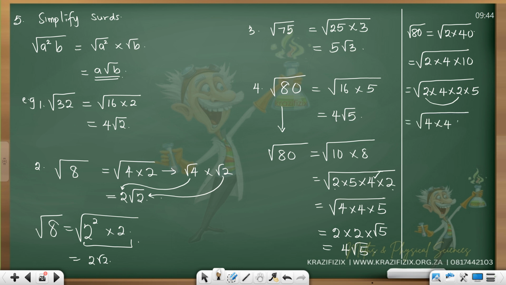I'm looking for perfect squares. I already see that 4 is a perfect square. What's the square root of 4? 2. I do not know the square root of 5, it's not a perfect square. What do you have? 4 root 5. Make sense, everybody?